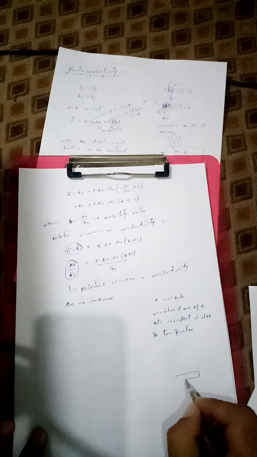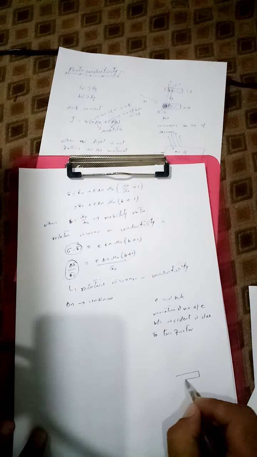Suppose we have electrons here in the valence band and the conduction band is completely empty. If light is continuously falling, then each electron absorbs a single photon and jumps to the conduction band.